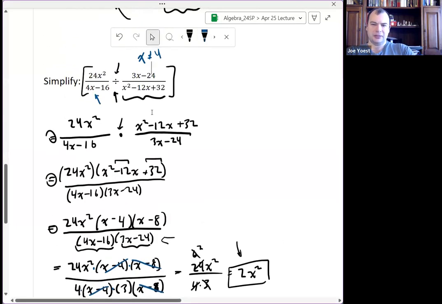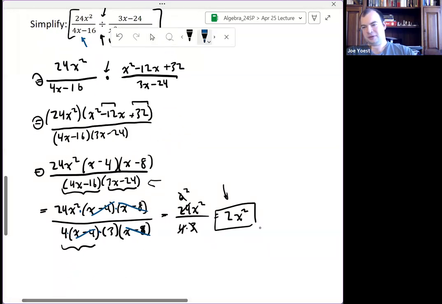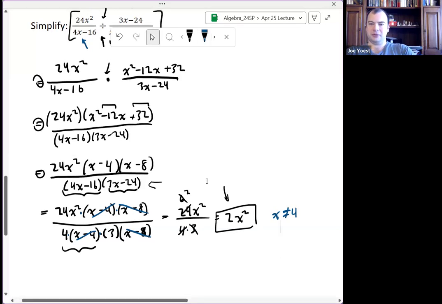If I'm going to say that this initial expression is equal to 2x squared, I better make the note that that's only when x is not equal to 4, for instance, right?